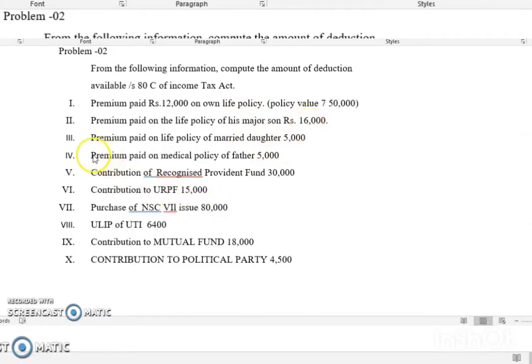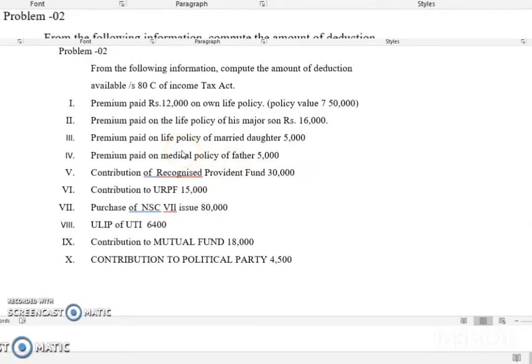Next we will see premium paid on medical policy of father. I have told you once in the previous problem that a medical policy, mediclaim policy, will come under 80D. It won't come under 80C. So as we are doing 80C calculations, this particular item won't come.